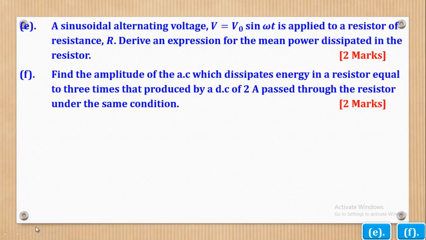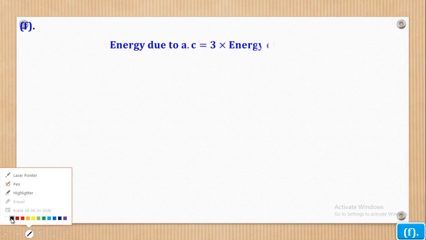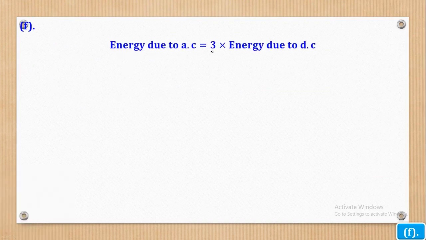So now we shall go to part F. Part F says find the amplitude of the AC which dissipates energy in a resistor equal to 3 times that produced by a DC of 2 ampere passed through the resistor under the same conditions. So energy due to AC is equal to 3 times energy due to DC. That's what we are given in the question. So you substitute.